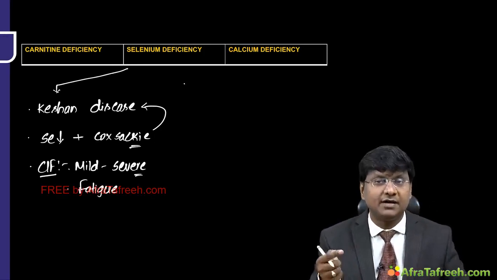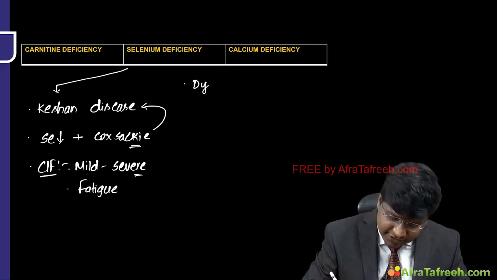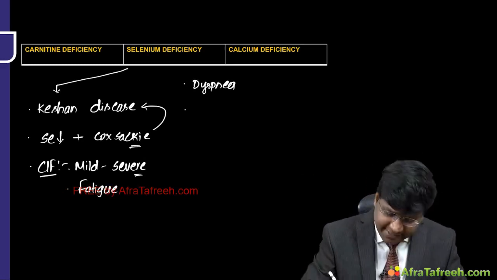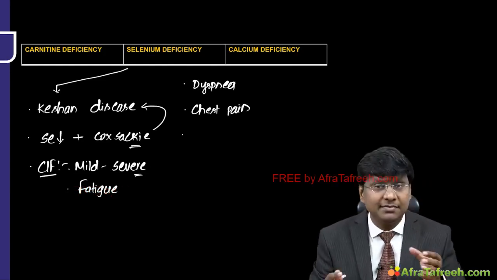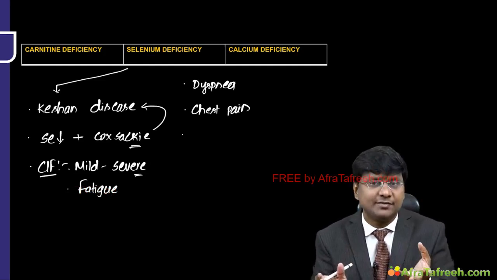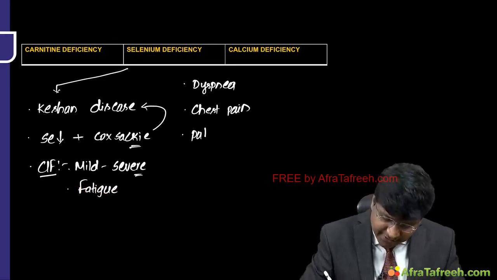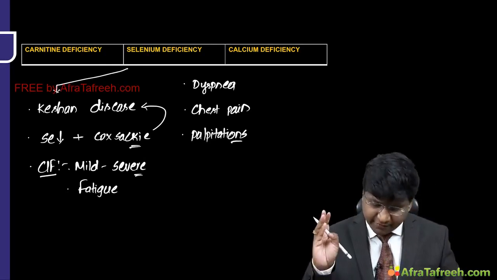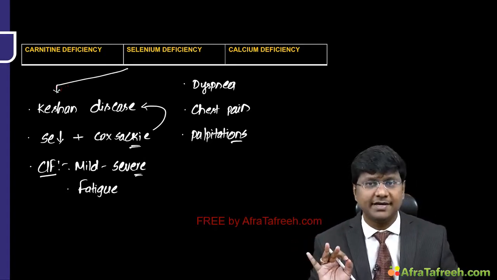And because of the heart failure with reduced ejection fraction, there can be pulmonary edema, because of which the patient can develop dyspnea. Dyspnea is another important clinical feature. These patients can also develop chest pain because of decreased myocardial perfusion. And this dilated cardiomyopathy is arrhythmogenic. These dilated chambers throw arrhythmias, and because of arrhythmias, these patients present with palpitations. So fatigue, dyspnea, chest pain and palpitations are very important clinical manifestations.